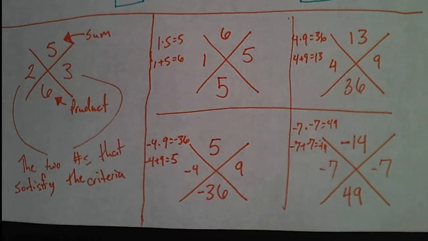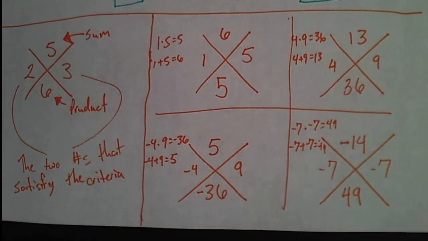A good way to do this is maybe get a sibling to take a pair of dice, and if you want to start out with some easy ones where they're just positive numbers, they roll the dice and tell you what they add to and what they multiply to. Kids in third or fourth grade or above would be good for this, and you can challenge each other.